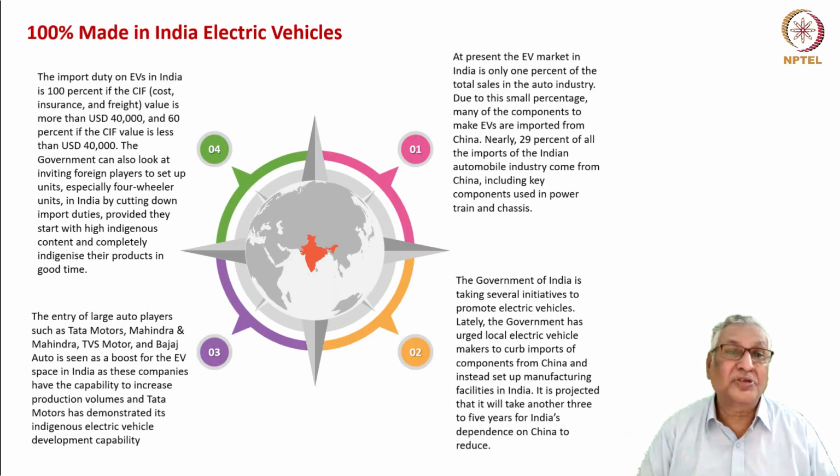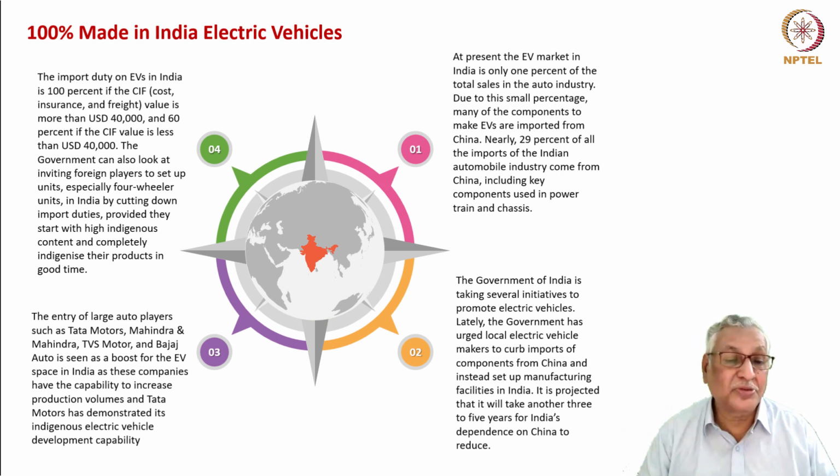To achieve 100% made in India electric vehicles, you need to have high import duty on fully built electric vehicles and low import duty on the components that go into it. Similarly, there must be several initiatives to curb imports of cheap components from China and make the local industry self-reliant and self-sufficient.